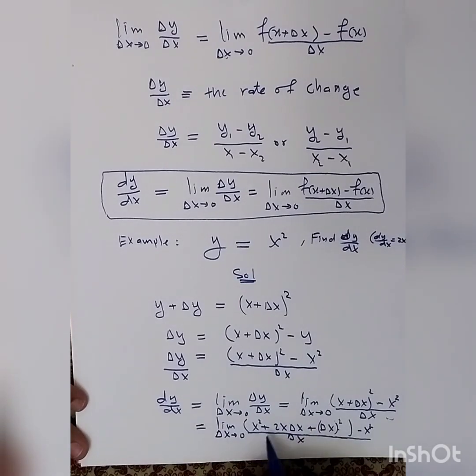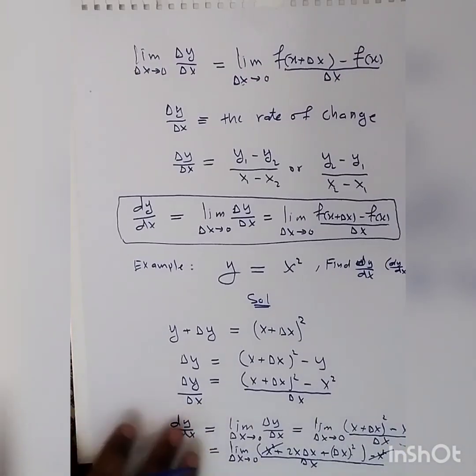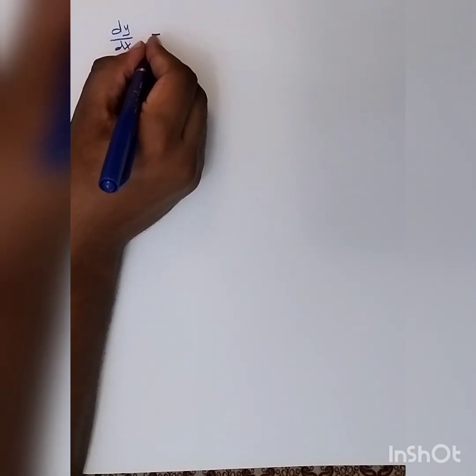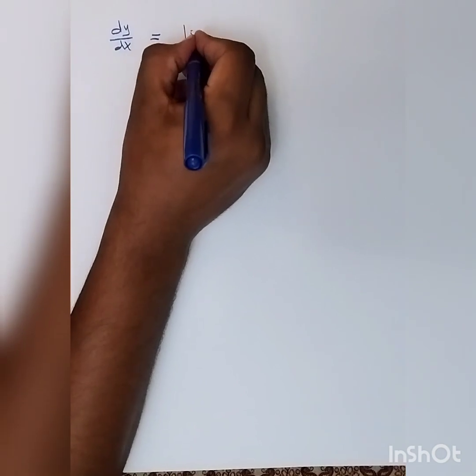So now the x squared will cancel out because we have a positive x squared and a negative x squared. So dy by dx is equal to the limit.